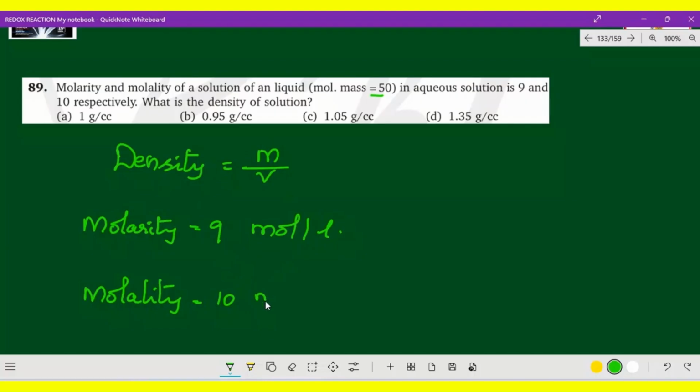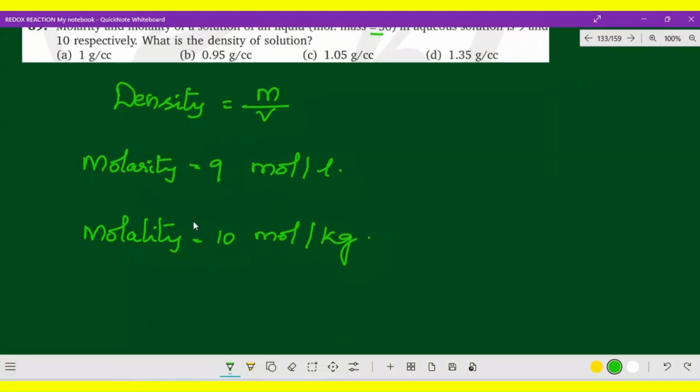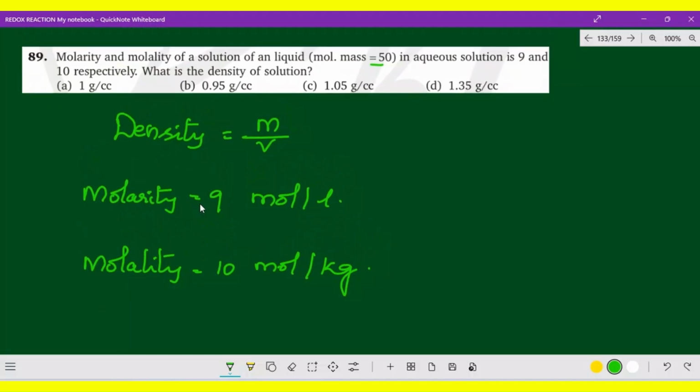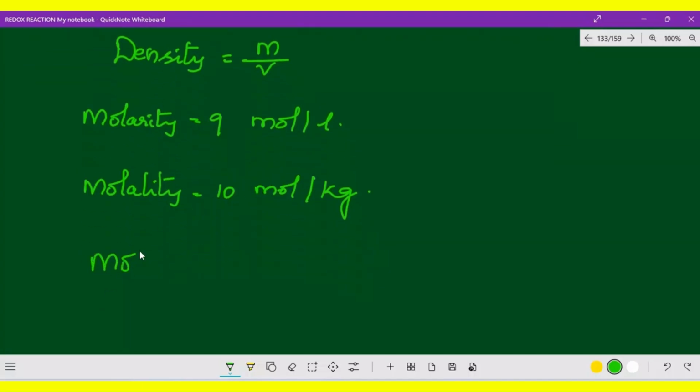Here also they mention mole per kilogram. Now, the molar mass here is the molar mass of the solute. Of course, it will be the molar mass of the solute. So the molar mass of the solute is 50 gram per mole.